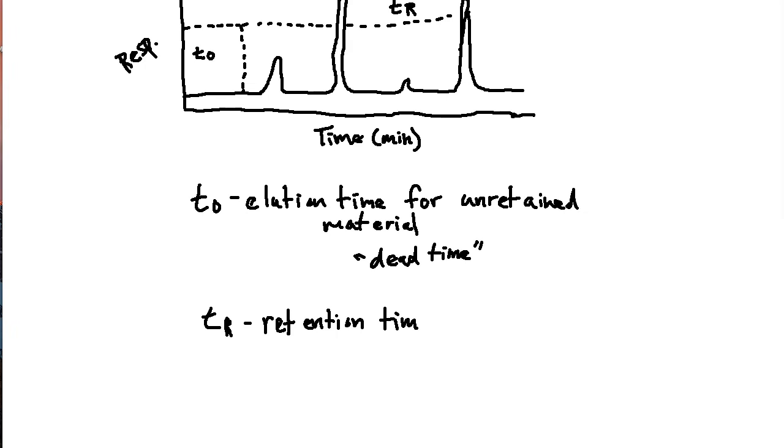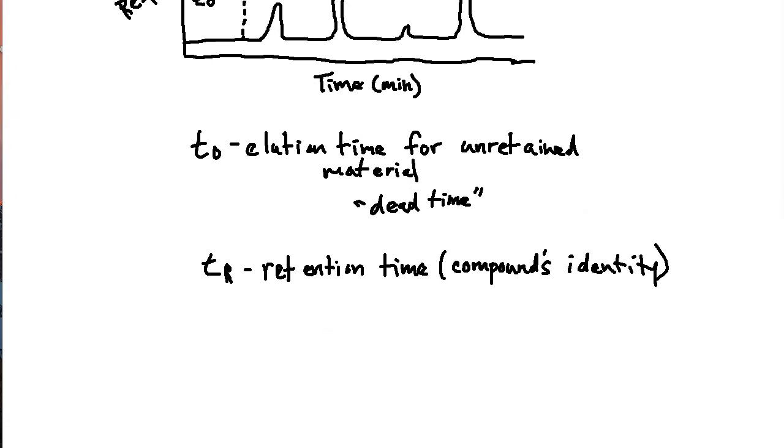Okay, and what's important about retention time, and I know I mentioned this once earlier, is that we can identify compounds by retention time. So the compound identity is associated by retention time, and that's really how we look at compounds when we do HPLC.